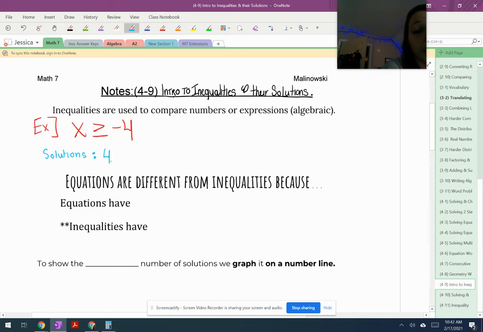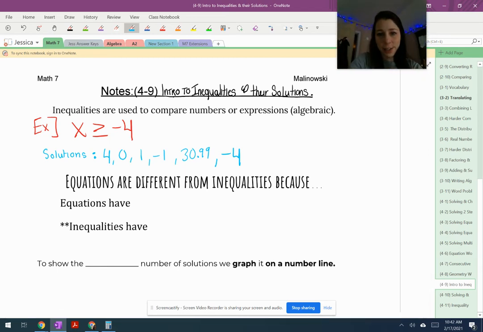So, 4, right? 4 is greater than -4. 0, 1, -1, 30.99 is greater than -4, right? Any kind of number, as long as it's bigger. What about -4 itself? Would that work? Is -4 greater than, hint, or equal to -4?